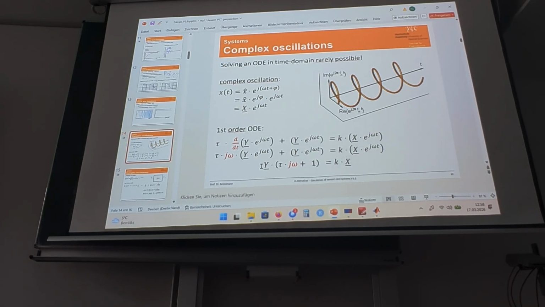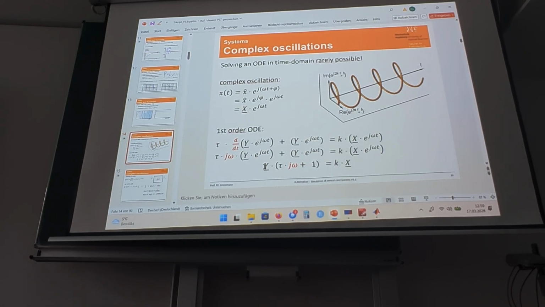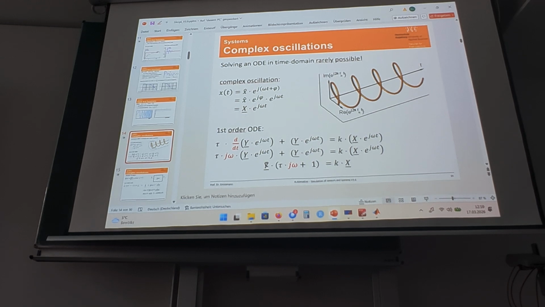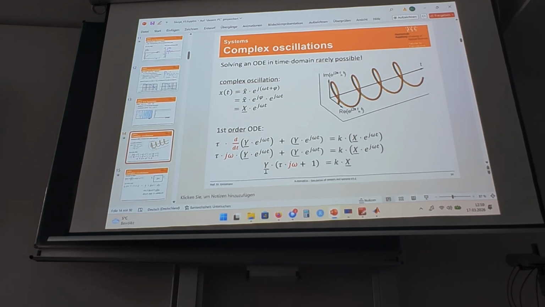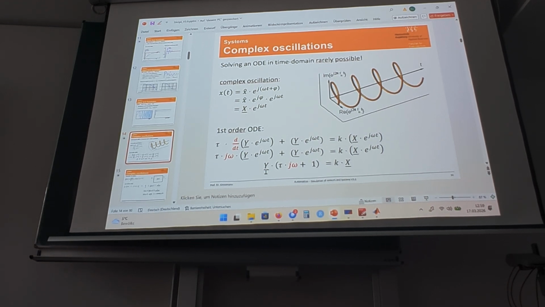So I can see here, okay, this is the output amplitude, and when I write it with a stroke below, it means it's not just the radius, it includes the phase angle. Okay, that means this stroke. So the output amplitude, including this phase angle, multiplied with some factors, has something to do with the input amplitude.